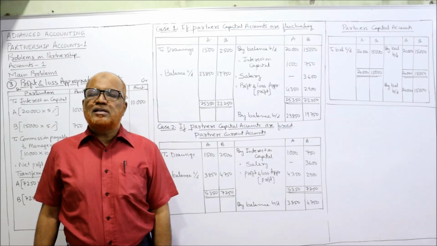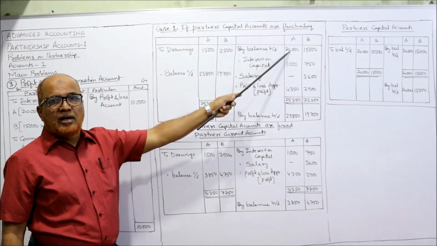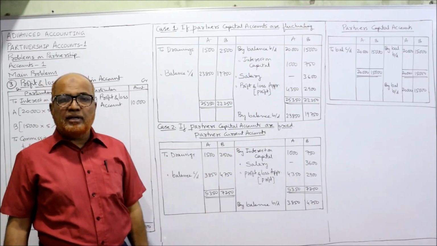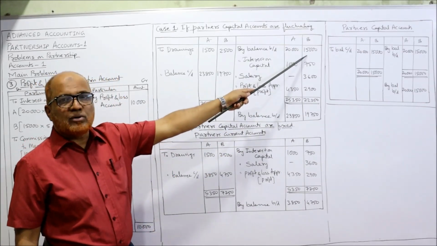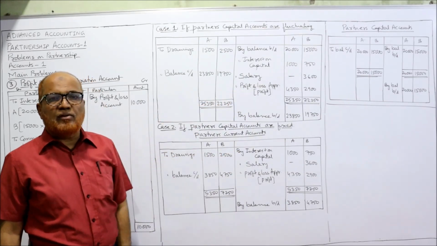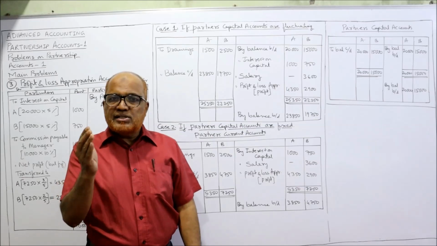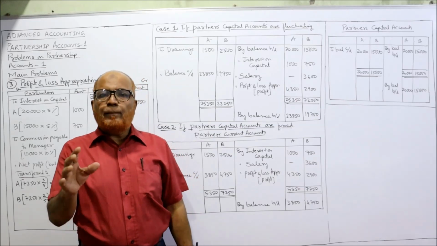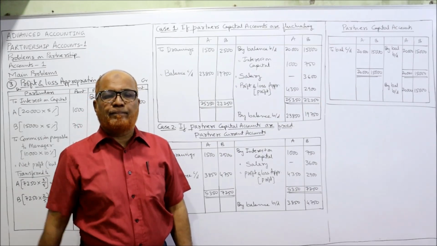Why is the name fluctuating given? Because at the beginning of the year his capital was 20,000 and at the end of the year his capital is 23,850 for A. For B, beginning of the year 15,000 and end of the year 19,750. So it is changing, that's why the name fluctuating. Now the second method is if the partners agree to keep the capital fixed.